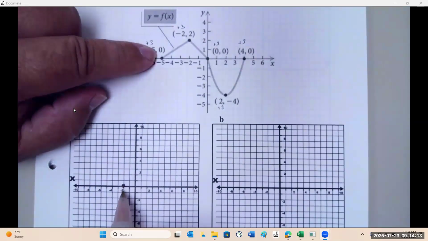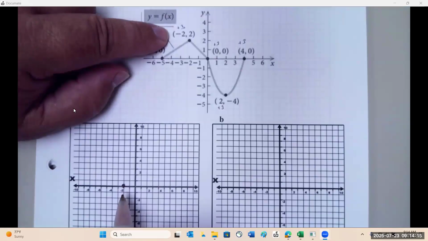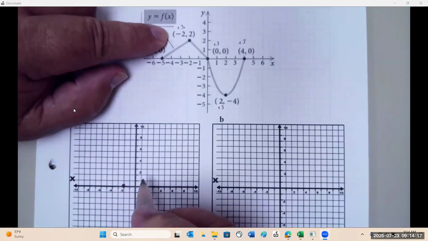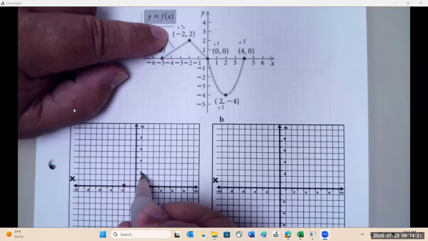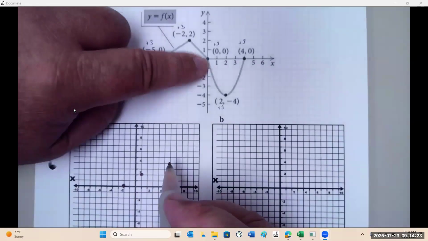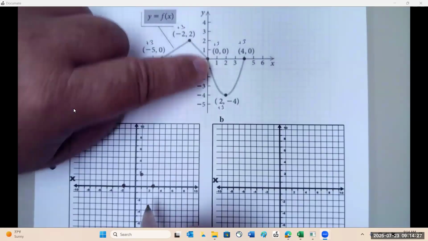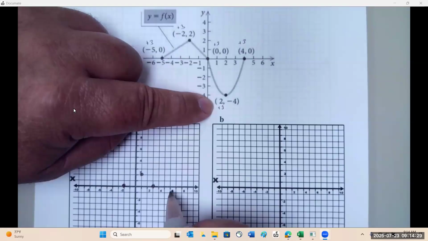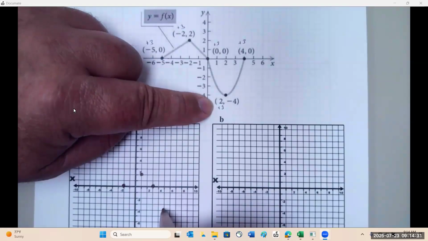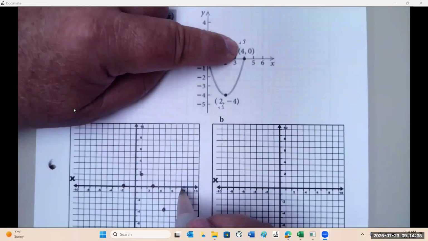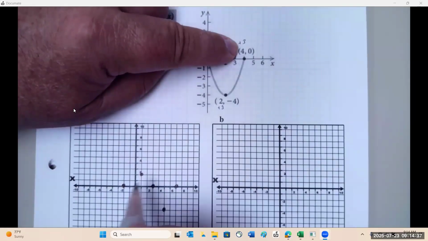So that one becomes -2, 0. This one becomes positive 1, 2. This one becomes 3, 0. This one becomes 5, -4. This one becomes 7, 0.